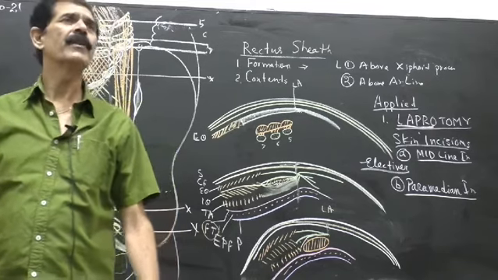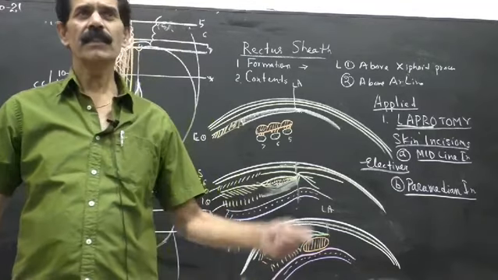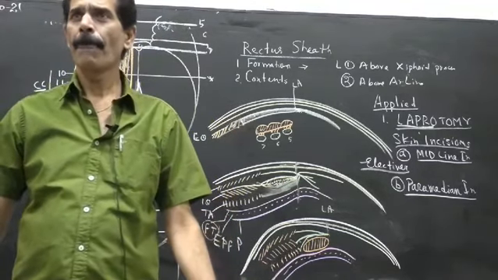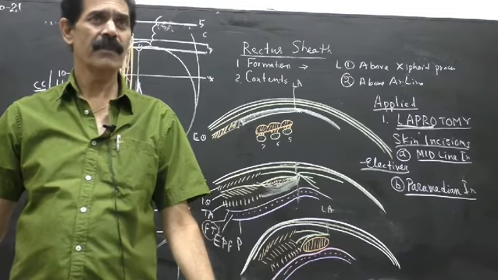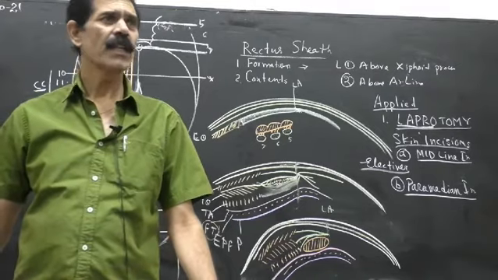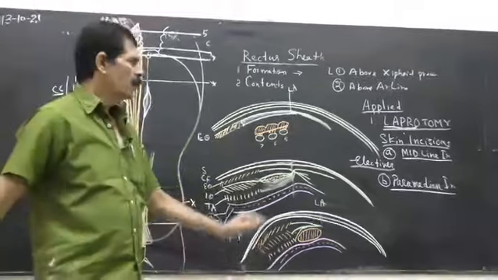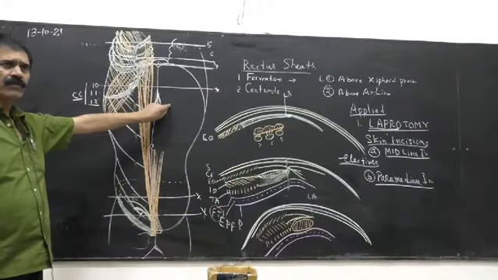Most common is in the female. We do the caesarean section below the umbilicus, and they are 99% midline incisions or sometimes horizontal incisions. So they are safer. Otherwise, we have to give the paramedian incision above the umbilicus.